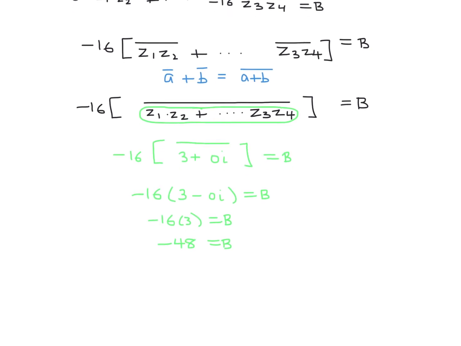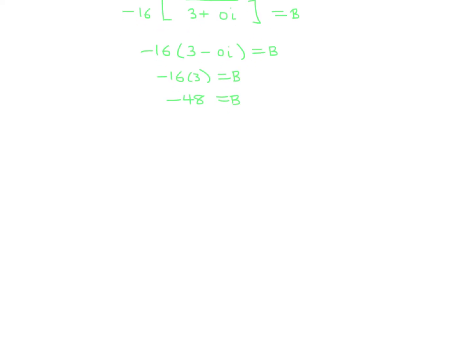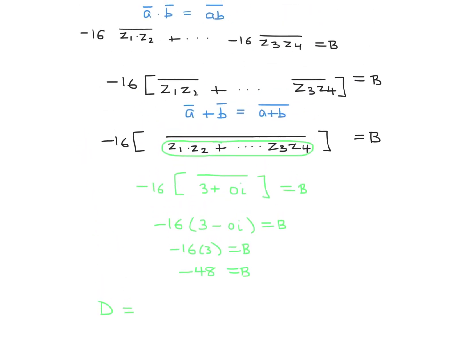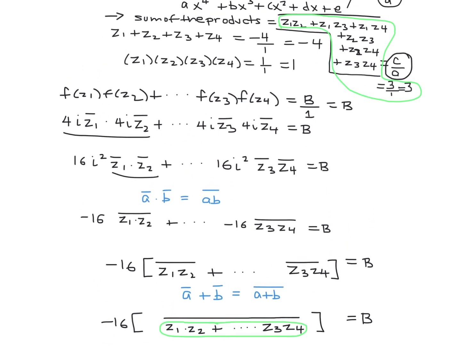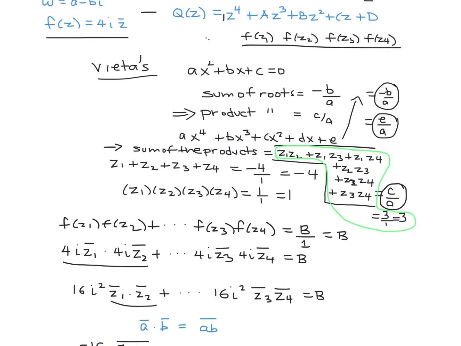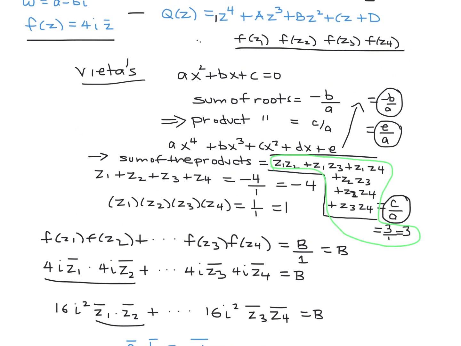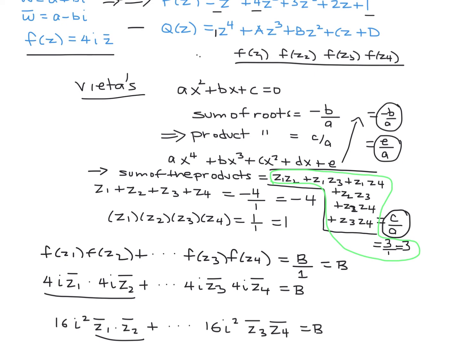Now we have to figure out D, because they want you to figure out, I think, B plus D. So D, did we already figure it out? It's the product, right? D would be using Vieta's on this guy. D would be the product, yeah, this one.